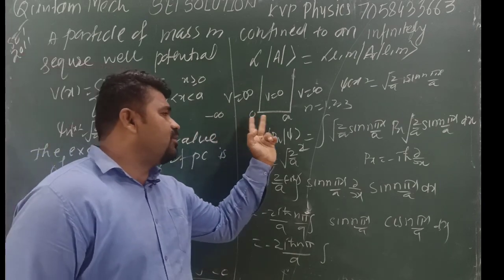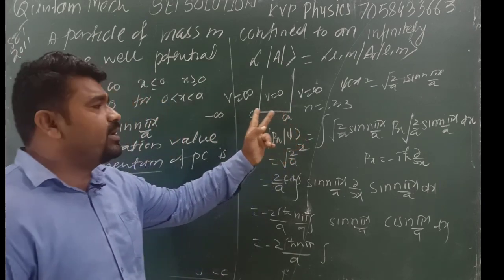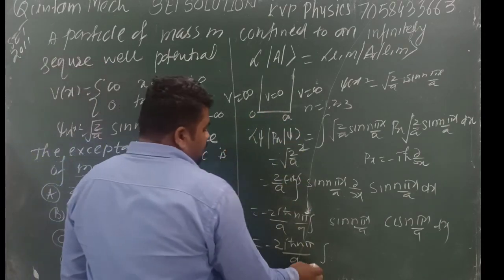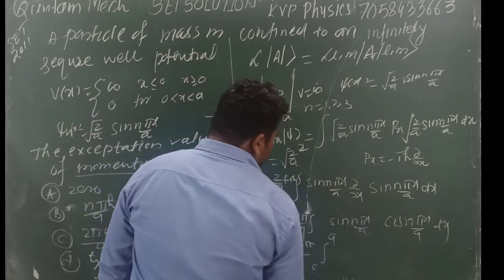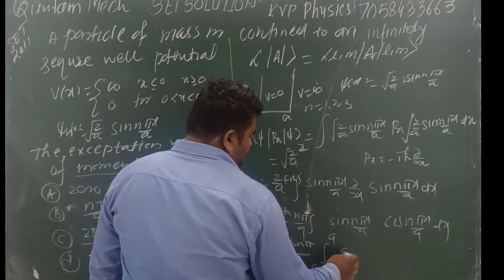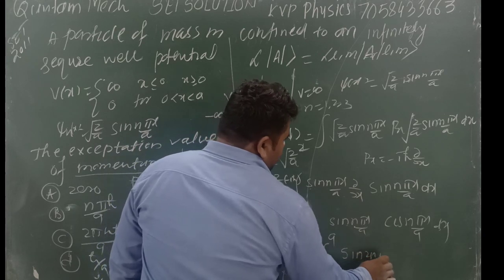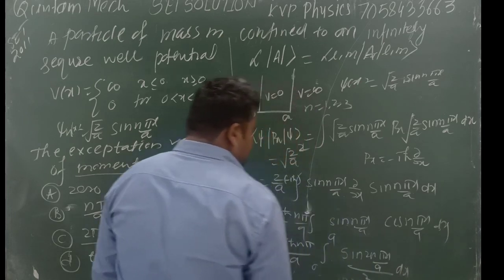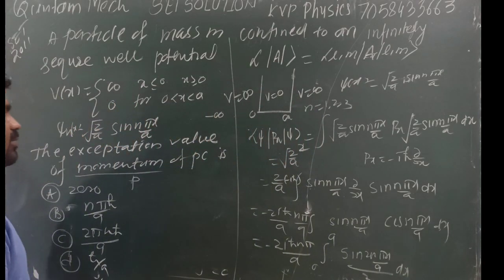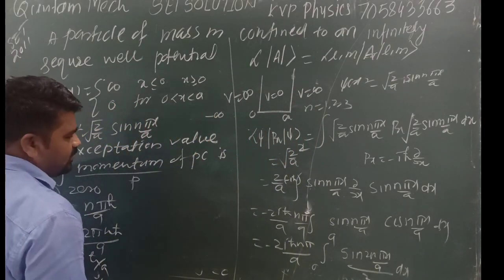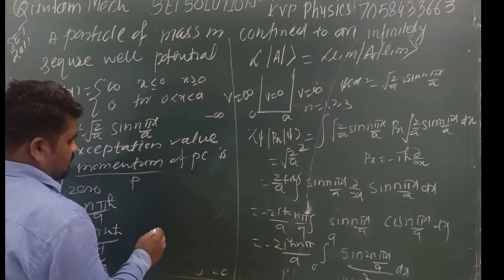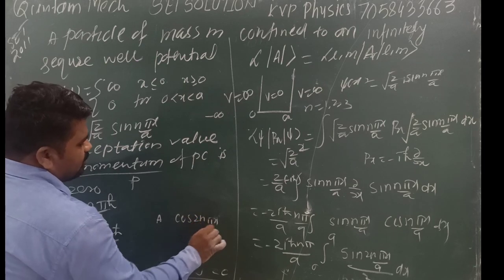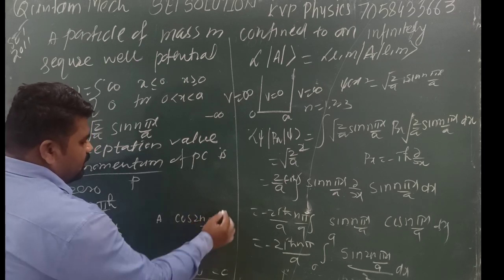The box starts at 0 and ends at a, so the limit is 0 to a. sin theta cos theta can be written as sin 2 theta upon 2, meaning sin(2 n pi x upon a) divided by 2, dx. We can find the integration of sine, which gives a constant times cos(2 n pi x upon a), limit 0 to a.